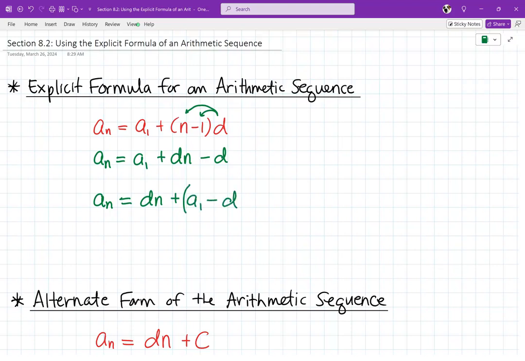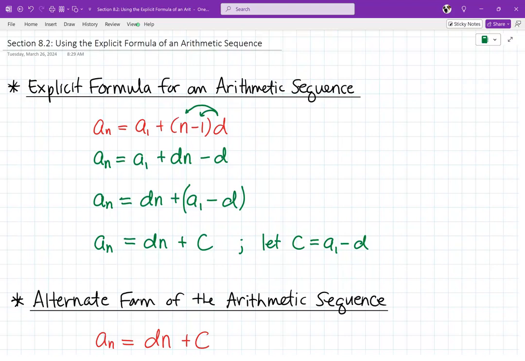And I'm going to get those two things and put them in a parenthesis, and we're going to call that c. I'm going to let c equal a sub 1 minus d. So your first term minus your common difference is our value of c.